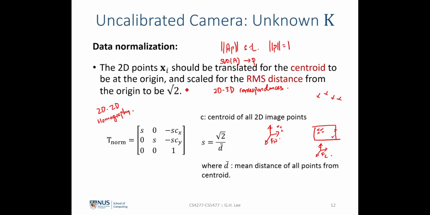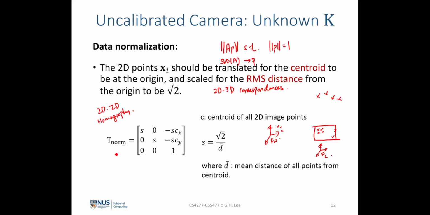In our case here, we are given 2D to 3D correspondences, so data normalization naturally has to be done on both the 2D domain as well as the 3D domain. In the case of the data normalization for the 2D data points, it will be exactly the same as what we have seen earlier in the 2D homography case.